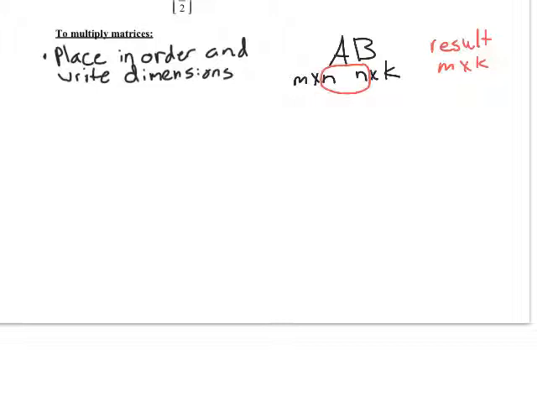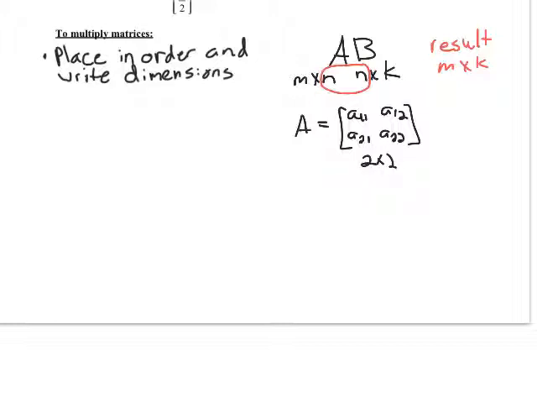If I have matrix A, it's going to be a 2 by 2, so it's going to have A1,1, A1,2, A2,1, and A2,2. So it's a 2 by 2.